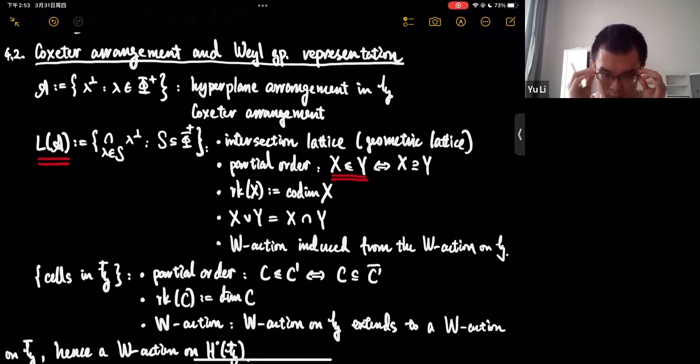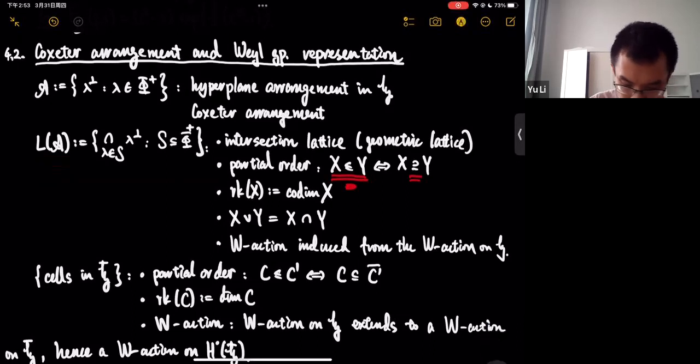Okay, so I remark that there's this reversal of directions. This poset is a ranked poset. So there's a rank function which is just the codimension. And then in each lattice, we know that there's a meet operation. There's also a join operation.